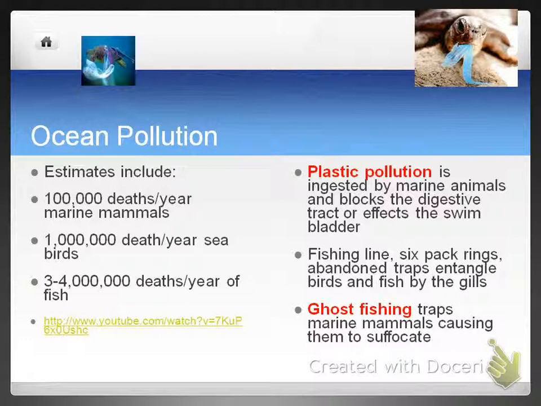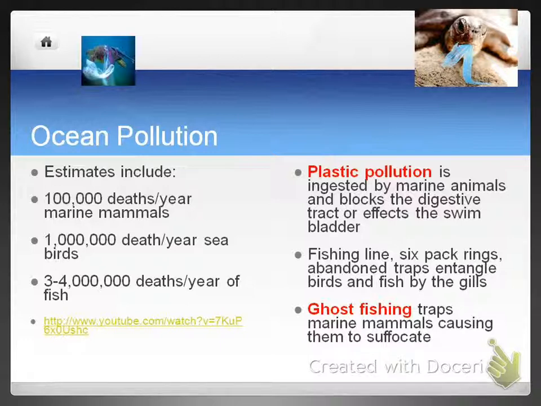Fishing line, six-pack rings, abandoned traps, which are often called ghost fishing, those things can trap and entangle birds by the neck and act like a noose. Fish can also get caught in them, and it literally tears their gills as they try to swim back out of it, because their gills would be right here behind their head, and they would get trapped in that and do damage.